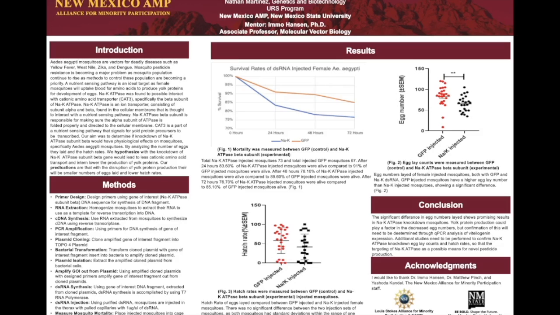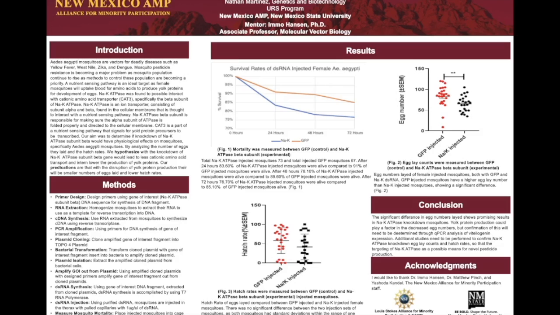We see that GFP injected mosquitoes have a higher number of eggs laid compared to our sodium potassium injected mosquitoes. Because we don't see a broad standard deviation, we concluded that this was a significant difference.